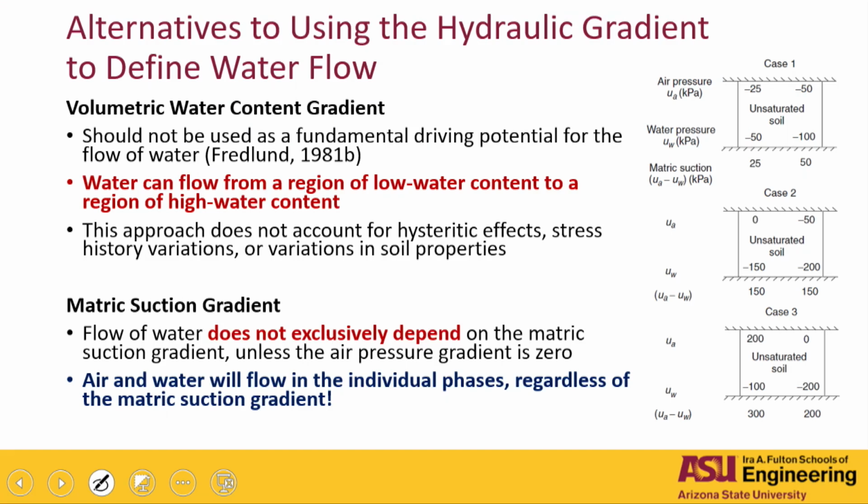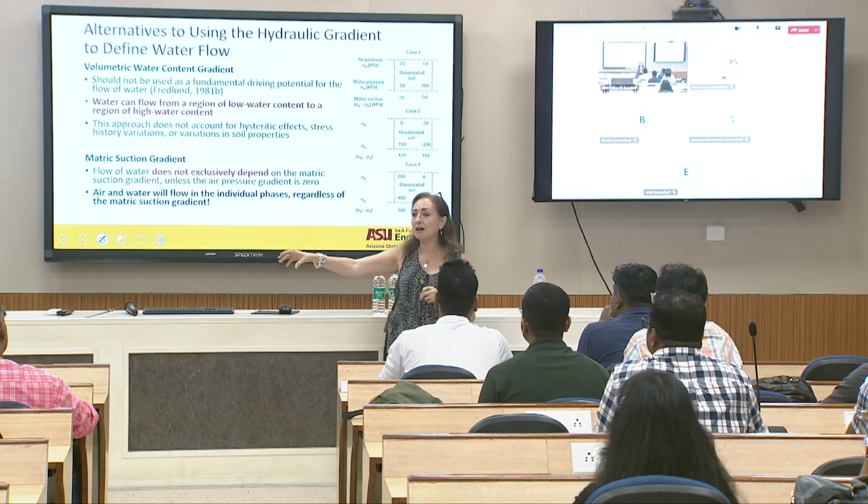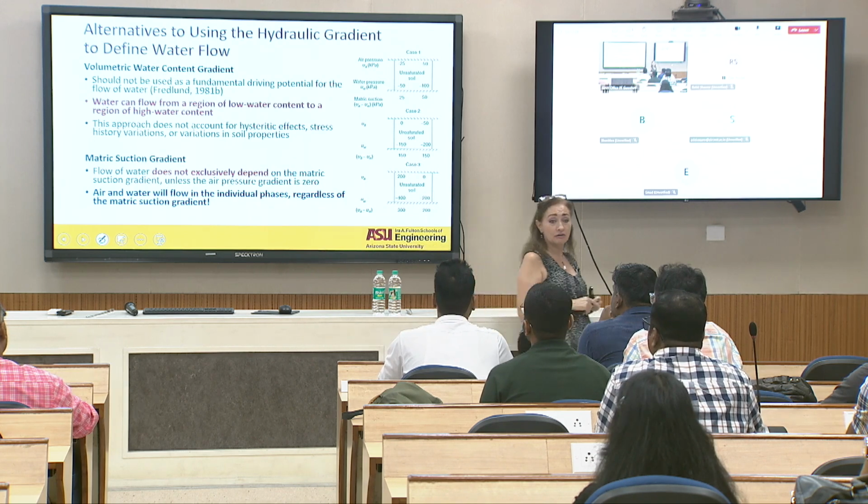I'm going to go through different alternatives that we have probably used instead of hydraulic gradient. For example, I can use volumetric water content, all right? If you say that the soil-water characteristic curve is related to the suction, you can convert it immediately to gradient, right? And the volumetric water content. But volumetric water content should not be used as the fundamental variable. Why? Because water will not always flow from places where you have high water content to places where you have lower content, okay?